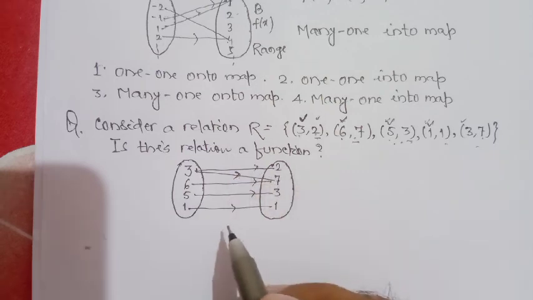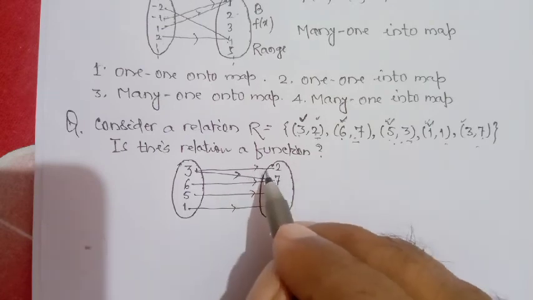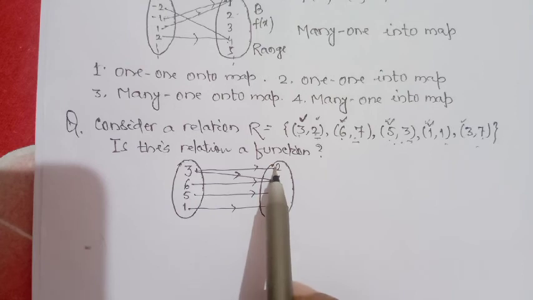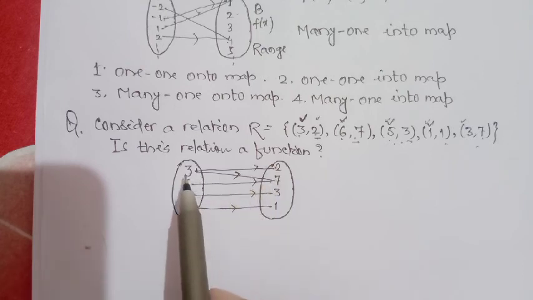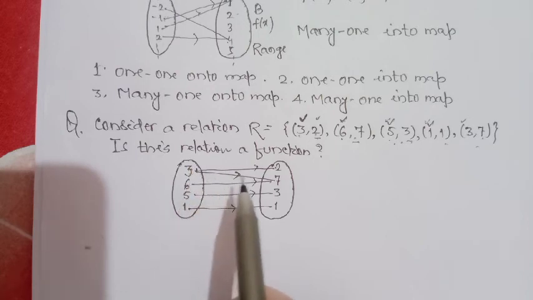So such type of image is not possible because more than 2 elements of domain can have same image, but one element of domain can never have 2 images.